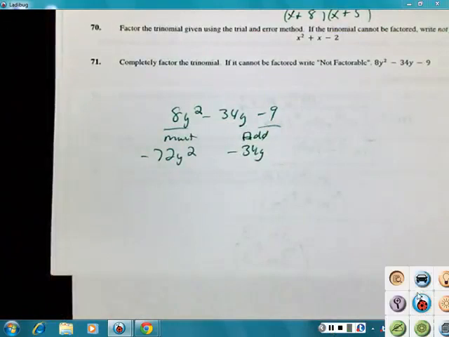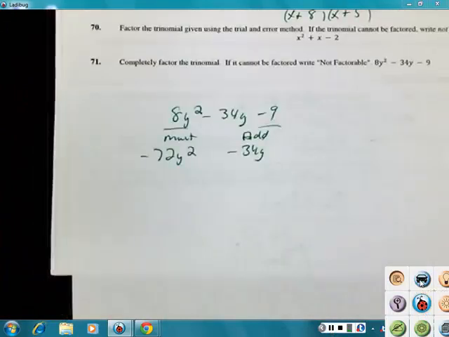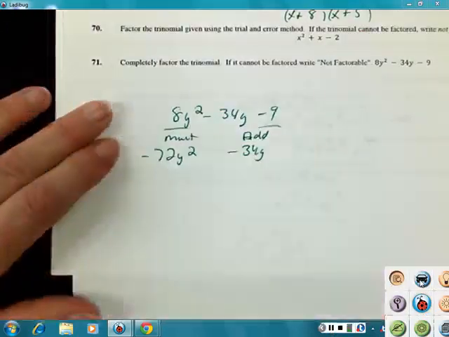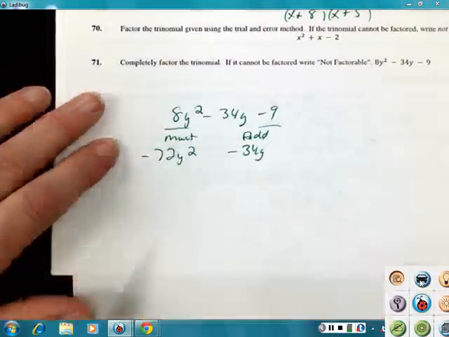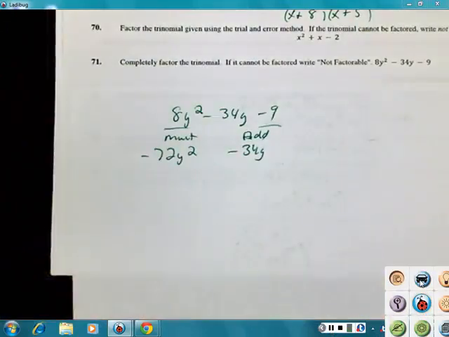So what is going to happen to this? What are factors of 72 that give me negative 34? Calculator time. They're both going to be negative.